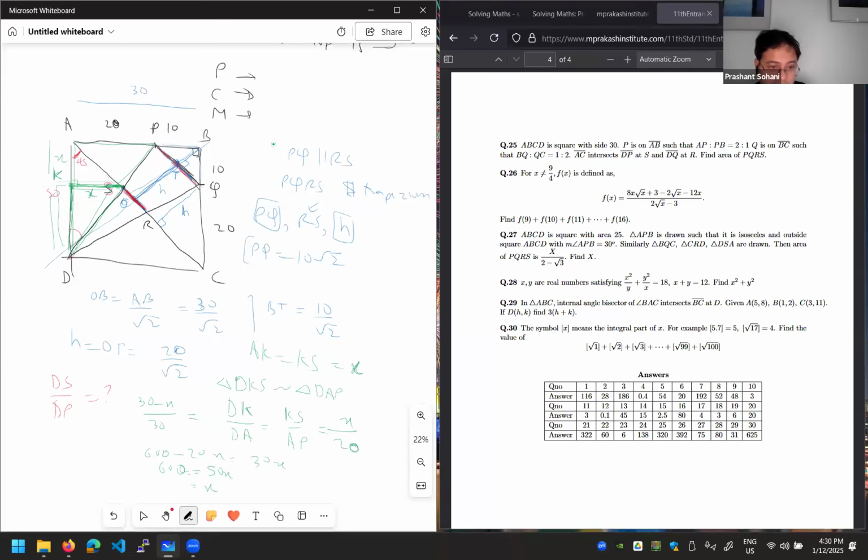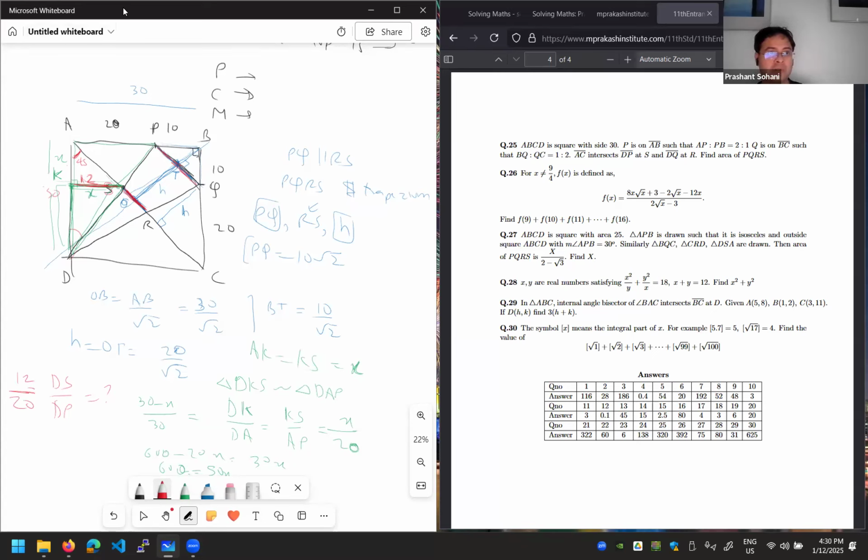So X is 12. Okay, so I got the length X as 12. And now you see, the ratio DS upon DP that I wanted is 12 upon 20. And that same ratio will also be the ratio between SR and PQ.